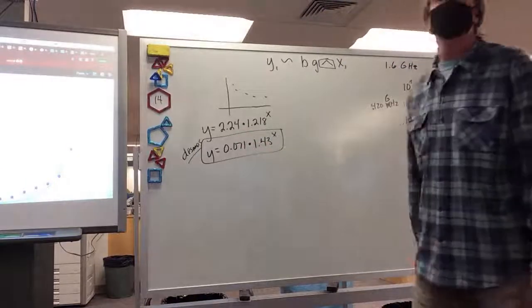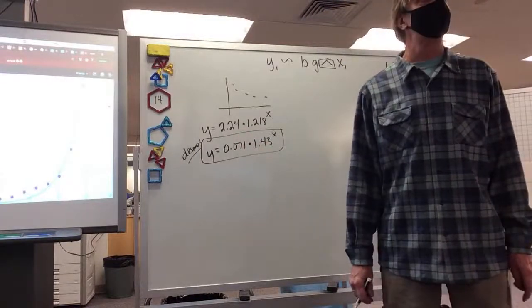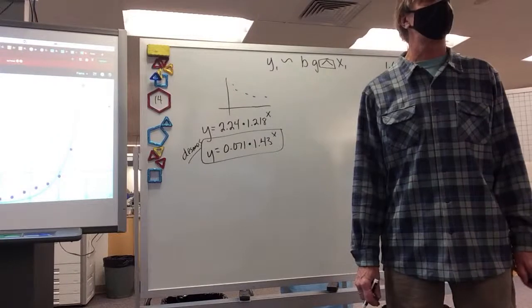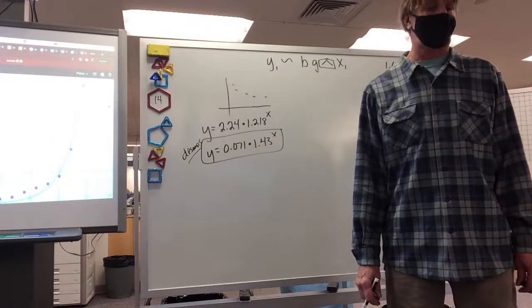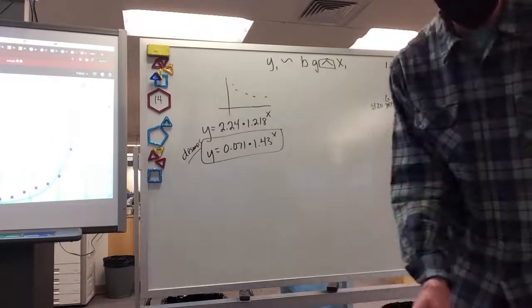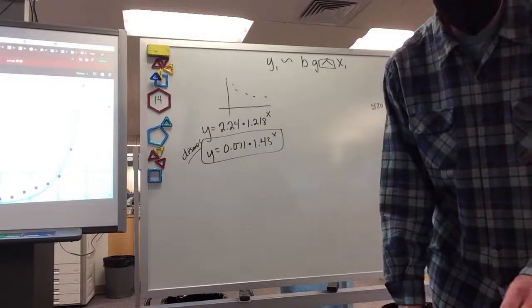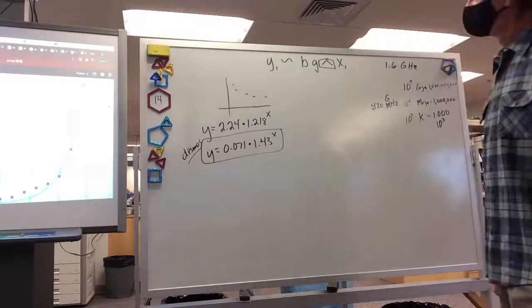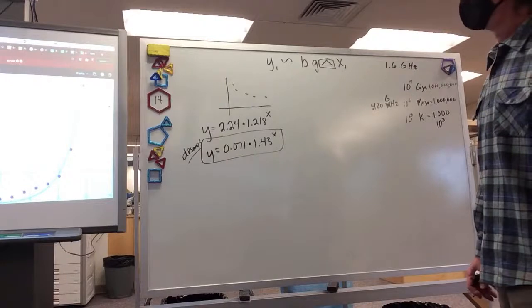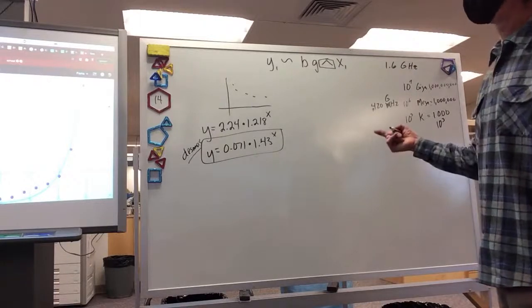No, when I looked in the back of the book, I didn't believe it, but it was right. What does it say in the back of the book? For example, 2.241 times 1.218 to the power of x. Really?